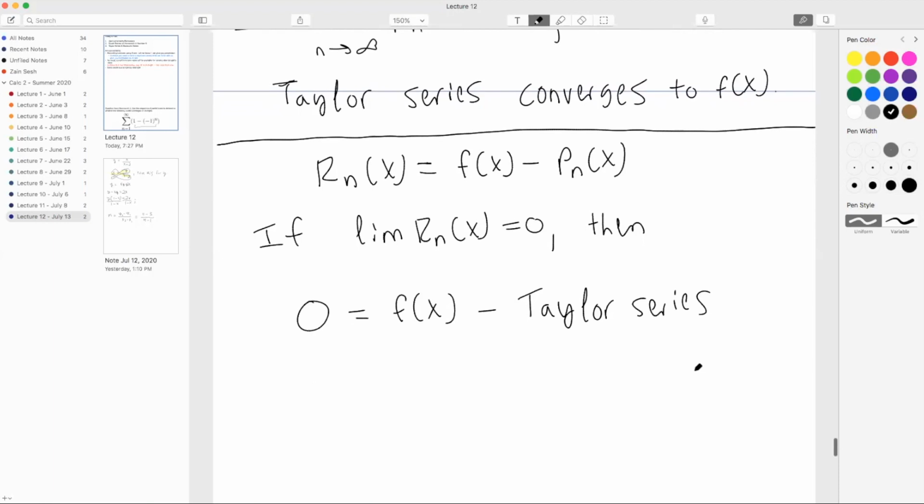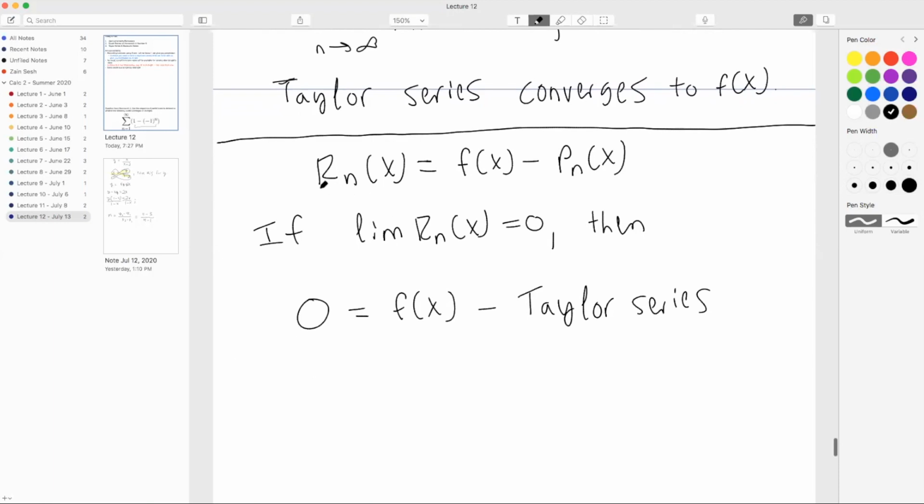And why is that? If the left-hand side is 0, I just put that there. F of x comes down as normal. And remember, the p sub n's are the partial sums of the Taylor series, so by definition, p sub n of x converges to the Taylor series.